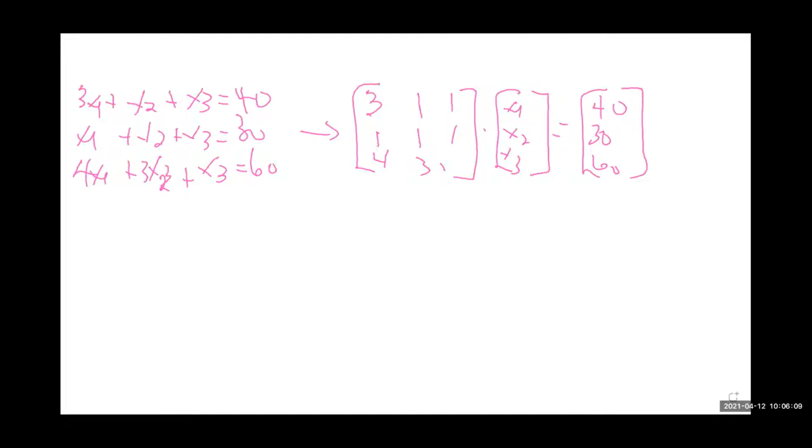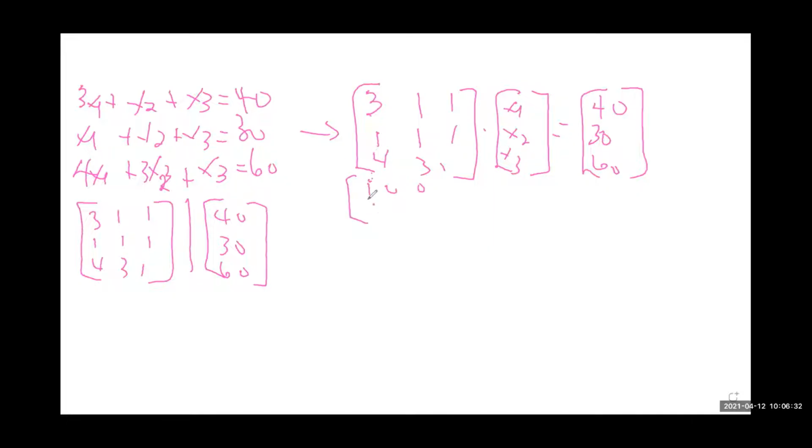And to augment this whole matrix, I'm going to have 3, 1, 1, 1, 1, 1, 4, 3, 1, and I'm going to have 40, 30, 60. Please note, we want to transform this into 1, 0, 0, 0, 1, 0, 0, 0, 1. That is the whole discussion that we're going to have, okay?